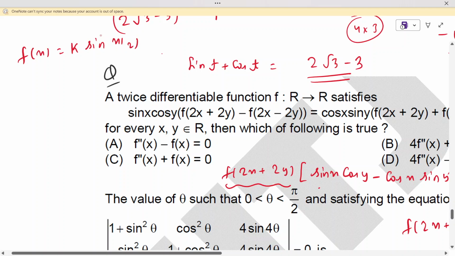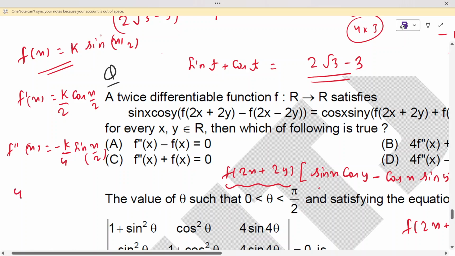Then f dash is k by 2 cos(x by 2), and f double dash x is minus k by 4 sin(x by 2). So 4 f double dash x is equal to minus k sin(x by 2).